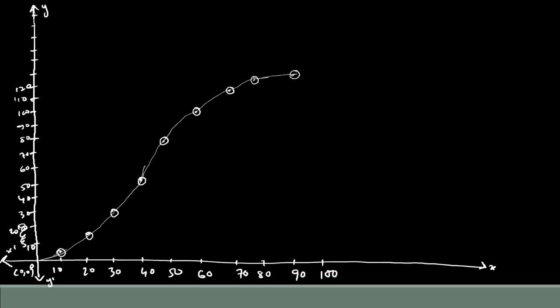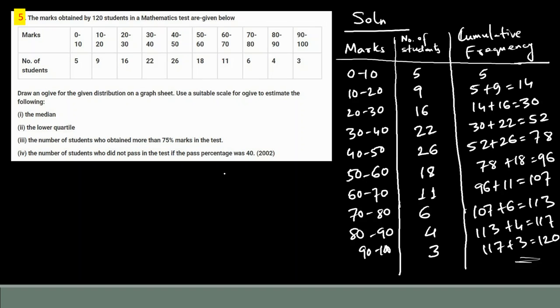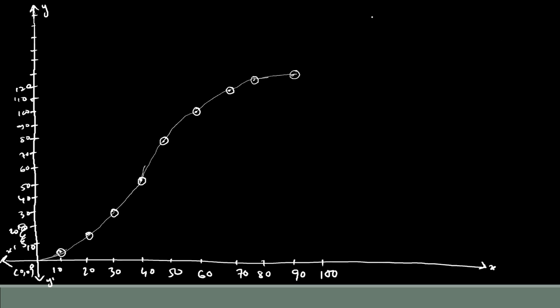Okay. Now, one thing for the ogive curve, they have asked you to find the median, and you have, let's say, 120 as the number, whatever the number is. For the median, you can just do n by 2.